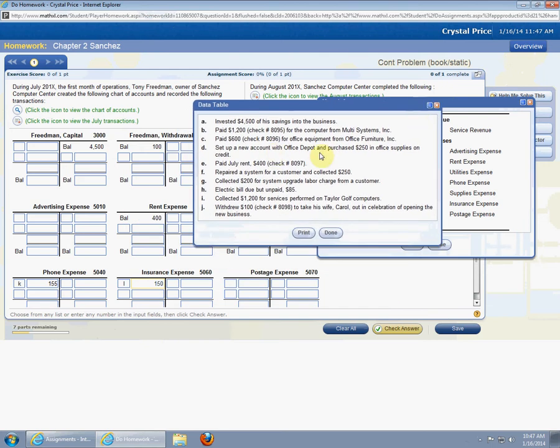So we have payable. Now, don't do anything yet, but this was what happened in Chapter 1. They set up accounts payable and they bought office supplies, so office supplies would be involved. So they debited office supplies, which is an asset account, and they credited accounts payable, a liability account, showing that we owed that money.